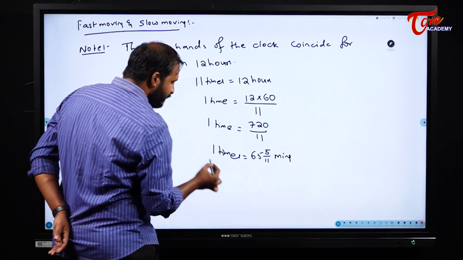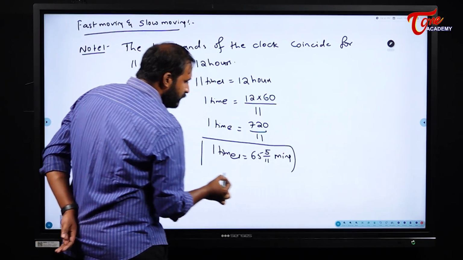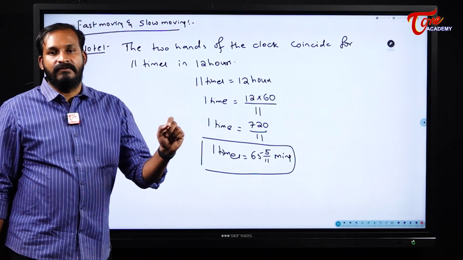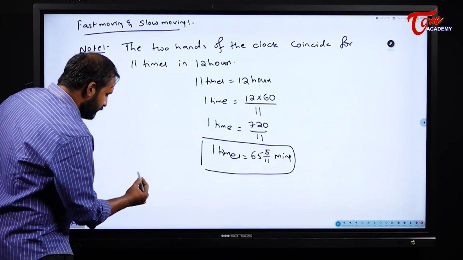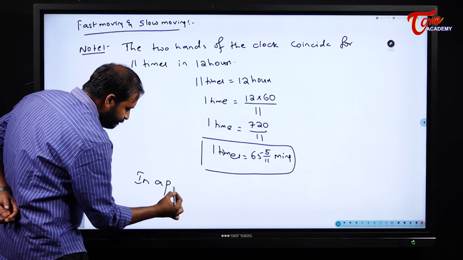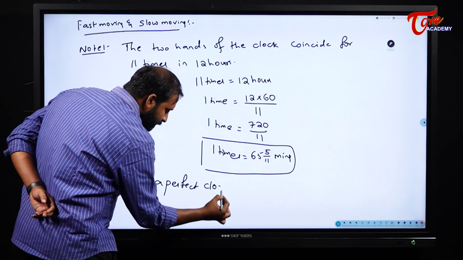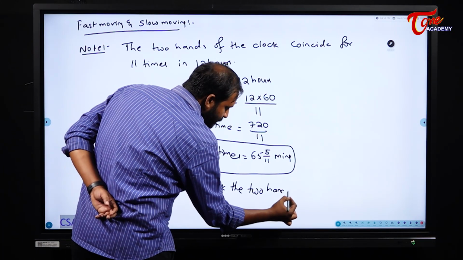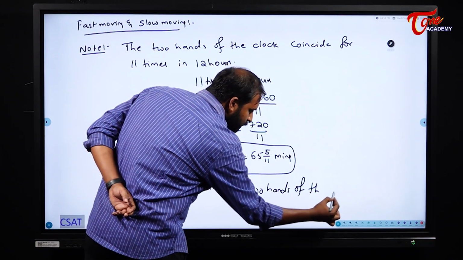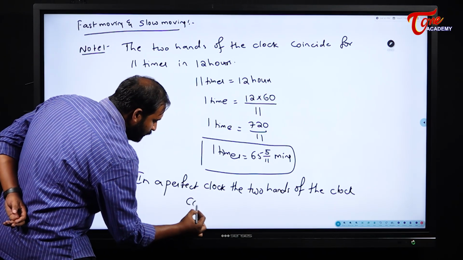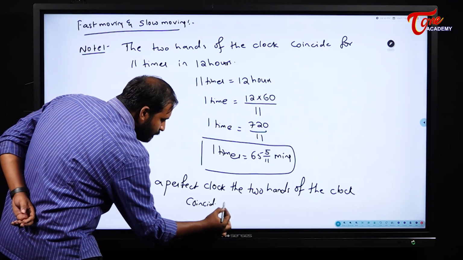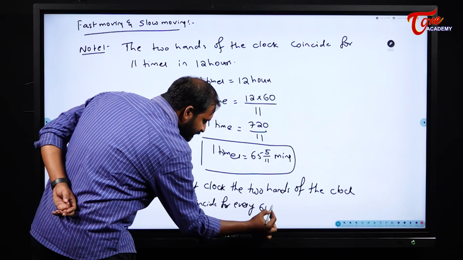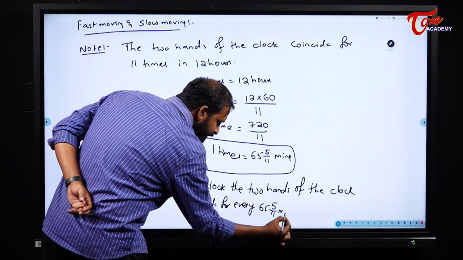That means in a perfect clock, the two hands of the clock will coincide every 65 5 by 11 minutes.